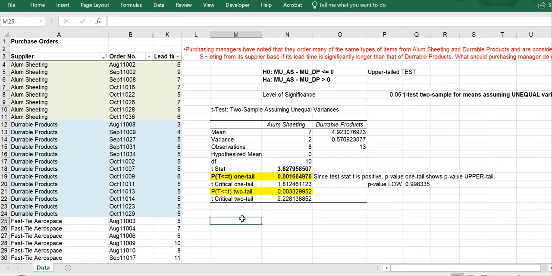The p-value upper tail is obviously less than alpha, so we can go ahead and reject the null hypothesis and take the alternative hypothesis, which means that there is actually a significant difference between the lead time of these two suppliers. I'm just going to write it down.